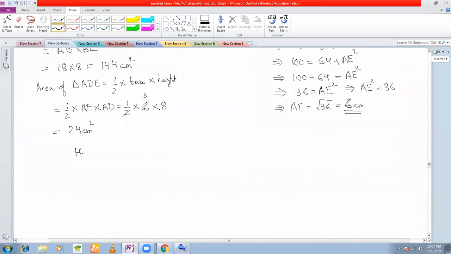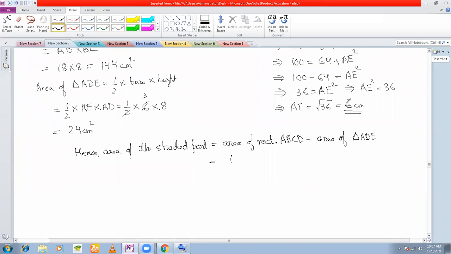Hence, area of the shaded part is equal to area of rectangle ABCD minus area of triangle ADE, which is equal to area of the rectangle we just found out to be 144, and area of the triangle is 24.